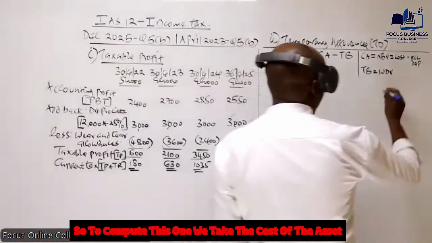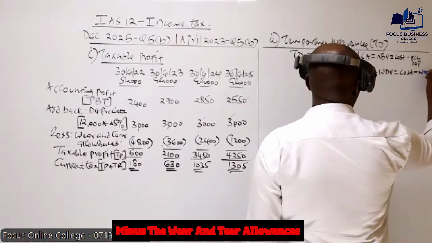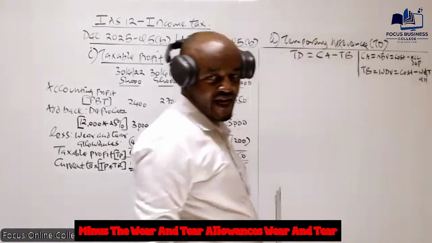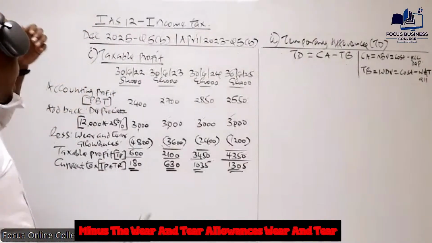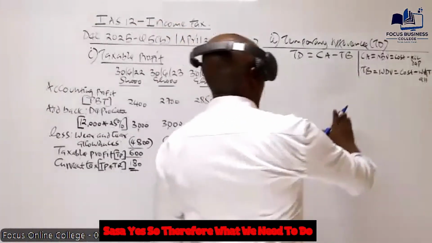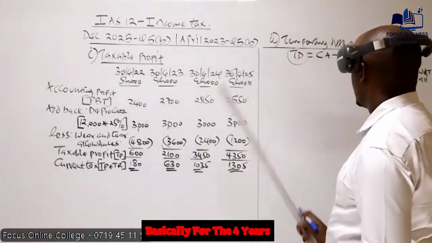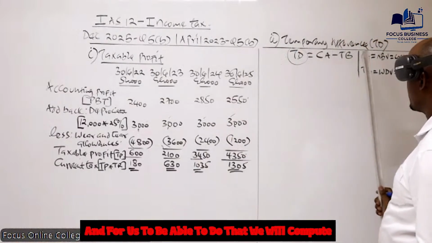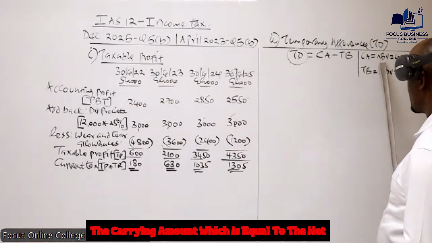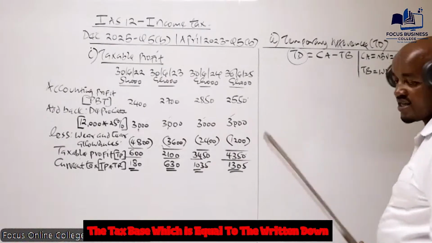So what we need to do is compute the temporary difference for the 4 years. For us to do that, we compute the carrying amount, which is equal to the net book value, and the tax base, which is equal to the written down value.